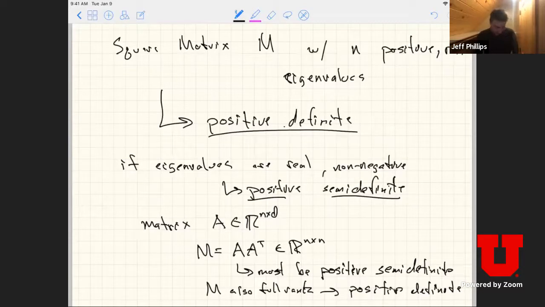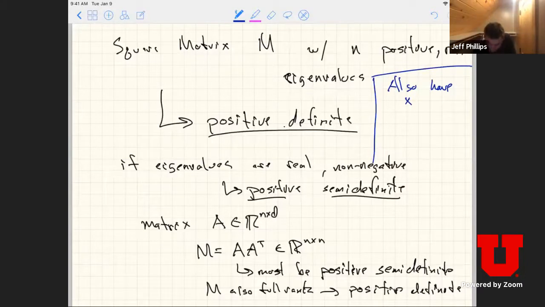The other property of positive semi-definite matrices is that if you have x, which is some vector in R^n, then we're going to have the property that x transpose M x is greater than or equal to 0. If it's positive definite, it's always greater than 0.